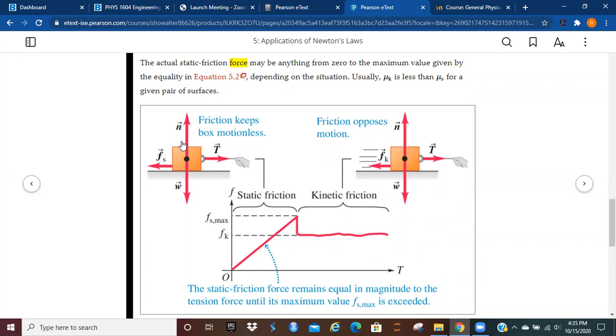Obviously, the weight and the normal force are going to be directly opposed to each other, but you're going to have to tug on this box in order to overcome the static friction force. And the static friction force is going to be equal to the tension force up to a certain point. Once that maximum friction force is applied, you can see that the friction falls off to something that's less than this force, and this is called the kinetic friction.